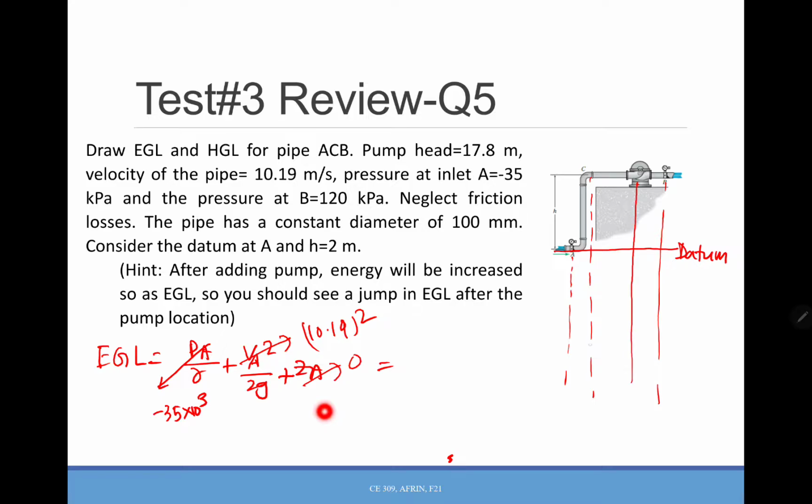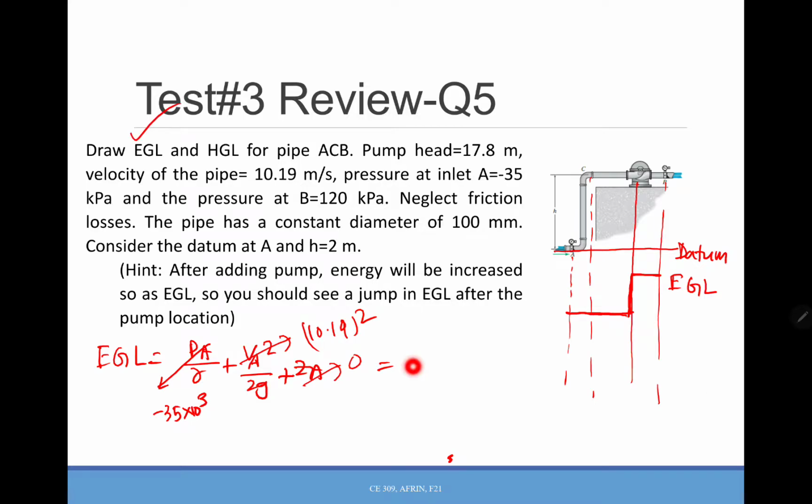Okay, and at this point there is a pump head 17.8, so you will add that 17.8 here, so that is the EGL. Okay, and now that part is done.